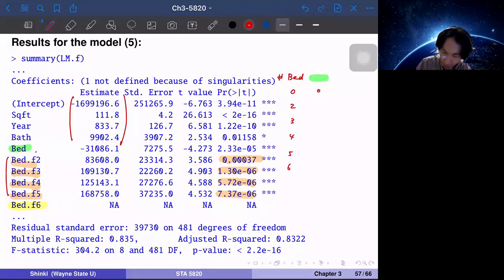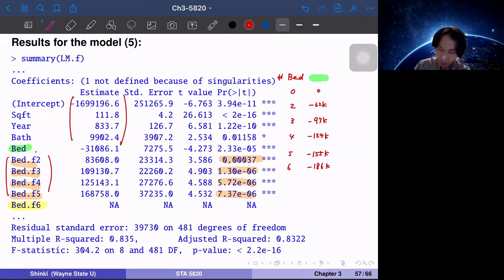And 2 bedrooms, negative 62,000. 3 bedrooms, negative 93,000, and 4 bedrooms, negative 124,000. 5 bedrooms, 155. The 6 bedroom, 186.